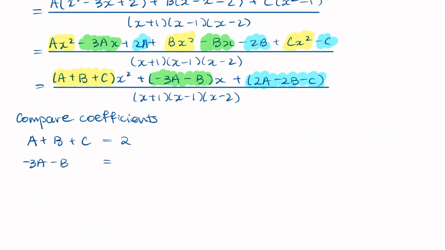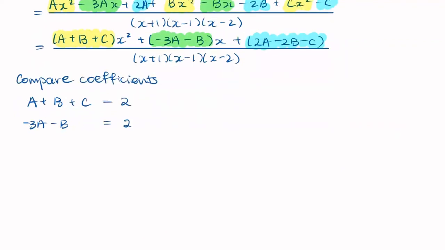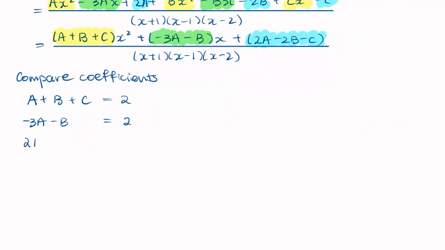This one's equal to 2 as well. And then the third one, I have 2a minus 2b minus c. This is equal to negative 6. Okay, so now let's try to solve the system. So we call this equation 1, call this equation 2, call this equation 3.